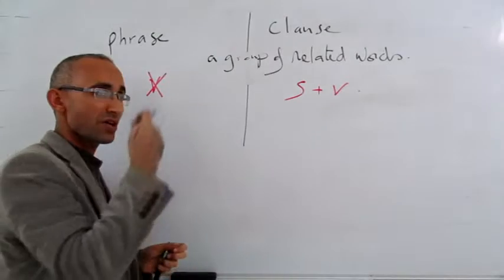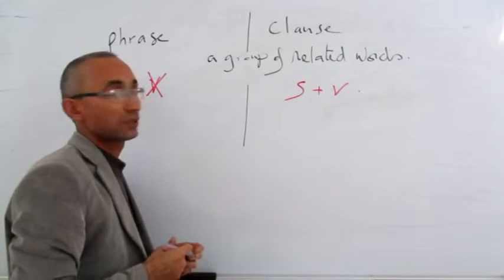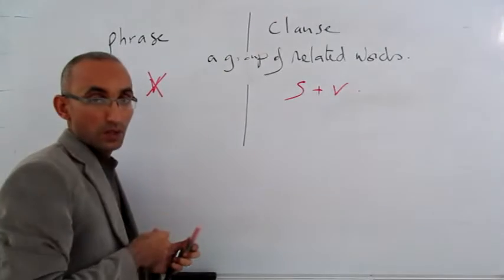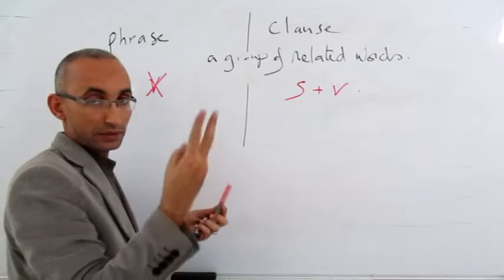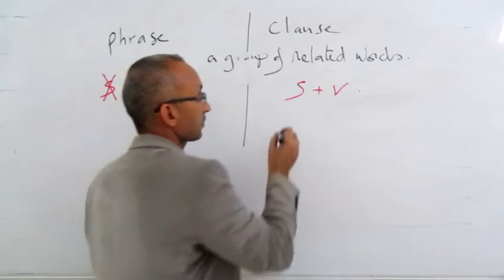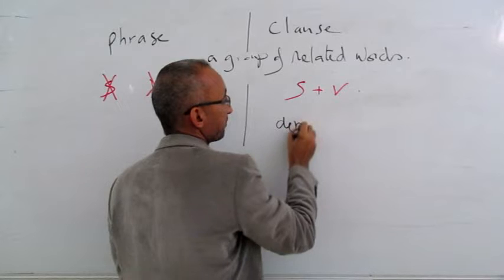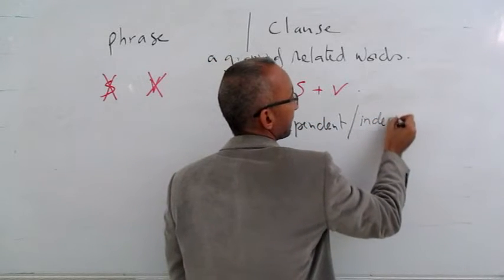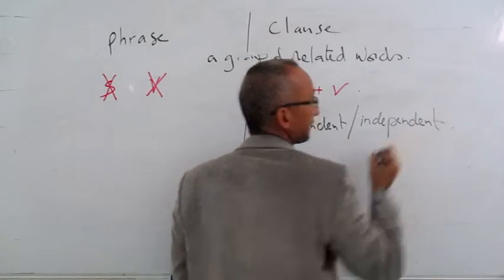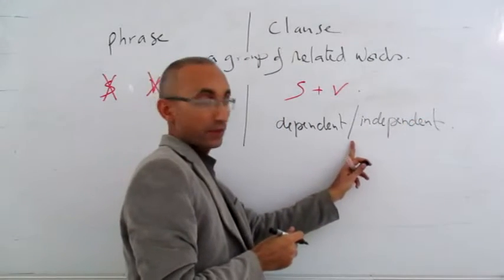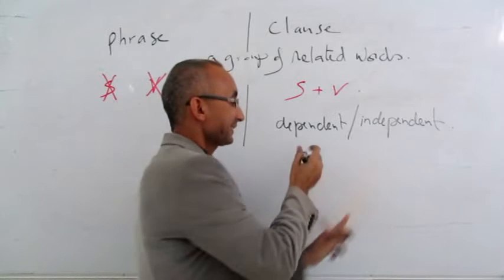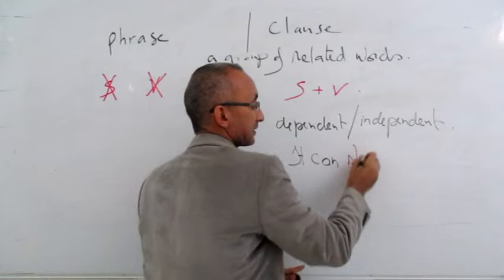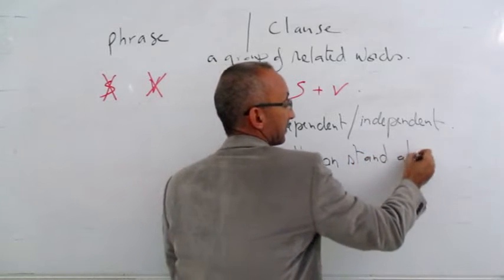Good. Another also important issue about the phrase, comparing to the clause. We said that the clause has two types. We have what we call dependent and independent. Clear? So sometimes the clause can be independent. It means it can stand alone.